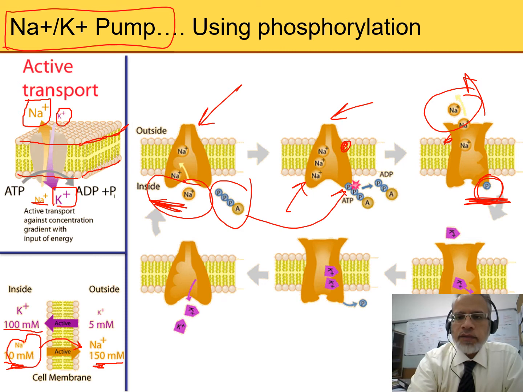Okay, so once you have pushed it out, what happens? Potassium is on the outside, and you don't have too much. You have 5 millimolar potassium, so it binds to it. And when potassium binds, it binds on the outside, but the binding doesn't allow it to come in. It's not going in because the pump is phosphorylated.